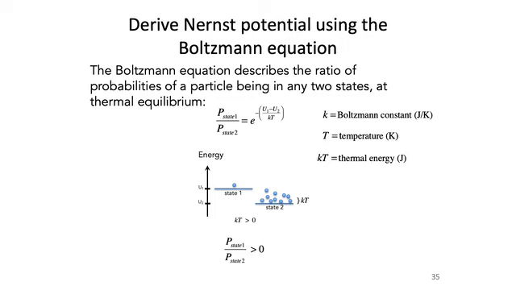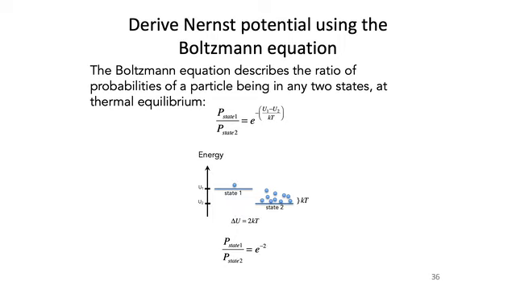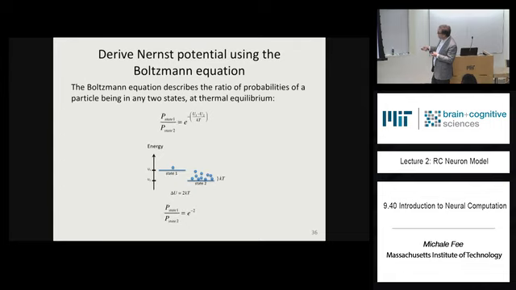And we can just calculate. You can see now that the probability of being in state 1 divided by the probability of being in state 2 is bigger than 0 now. If the energy difference is just twice kT, then that ratio of probabilities is just e to the minus 2.